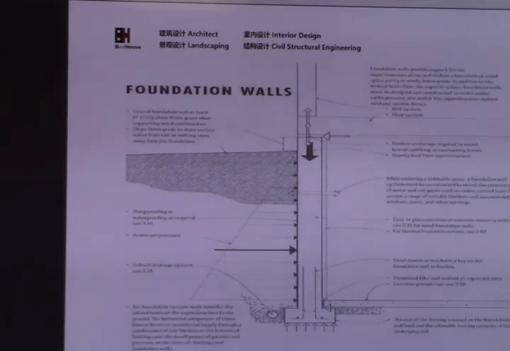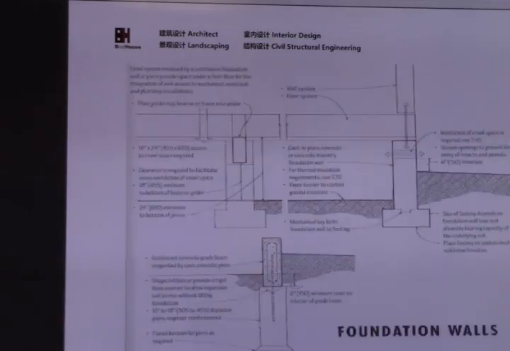This is a foundation wall. We commonly use it. This is another foundation wall. This one is used for some crawl space. Some crawl spaces are very high, almost 1 meter, 1.5 meters above the surface.